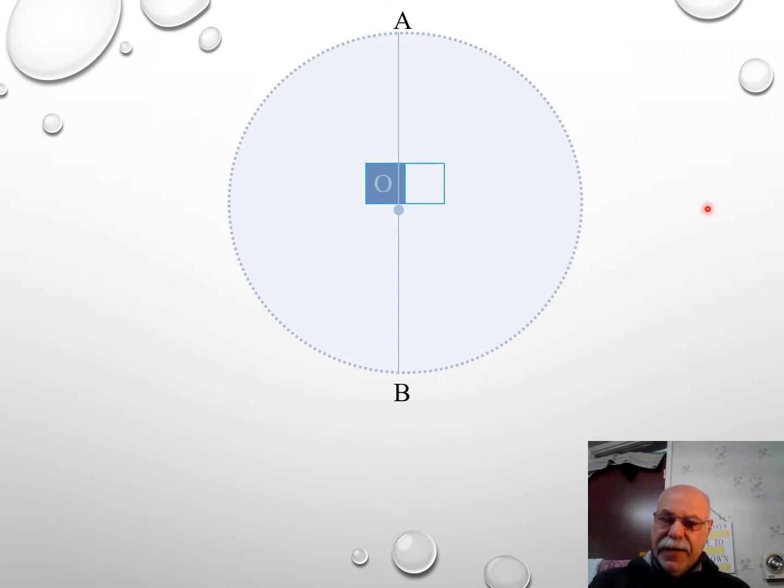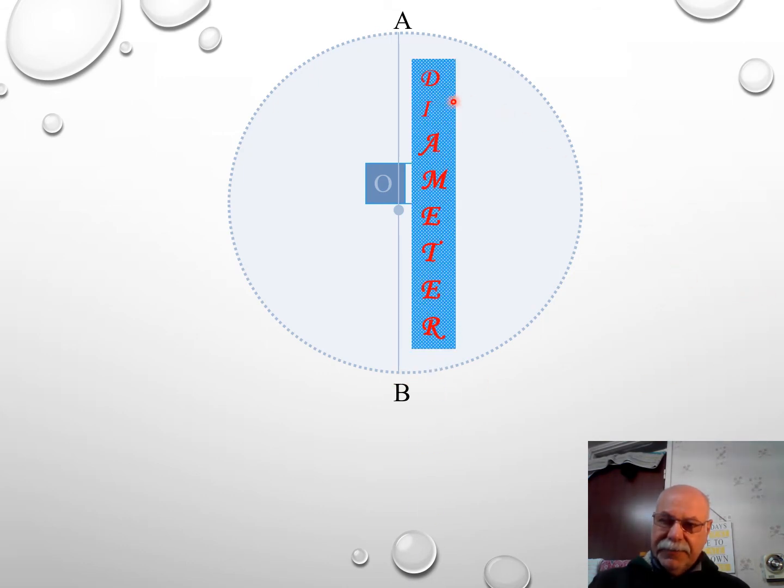A and B are points on the circle, and the line through them becomes the diameter. This is the diameter of the circle. This is the term in mathematical language: diameter.